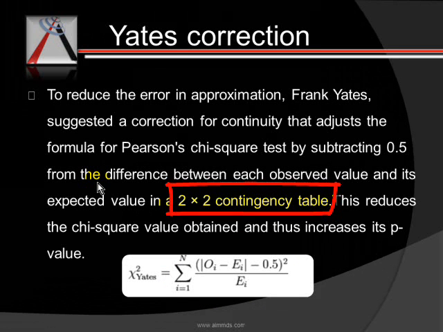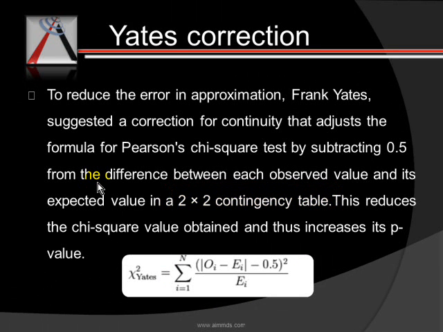As we know that chi-square gives more errors in 2x2 contingency tables, so Yates correction was more applied in such tables. But if we have the Fisher's test as an alternative, probably the Yates correction will not be needed.